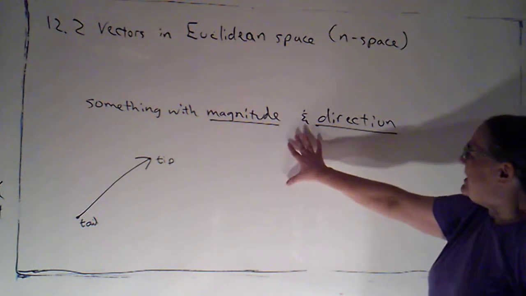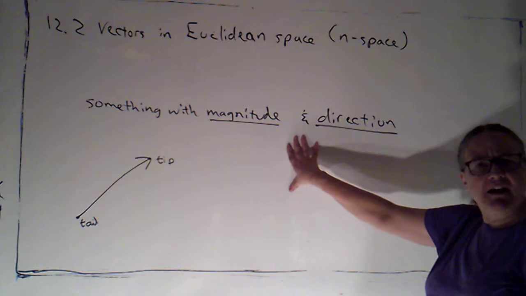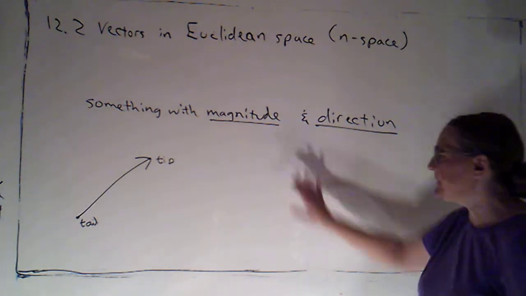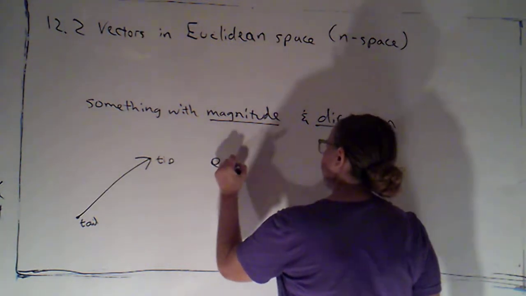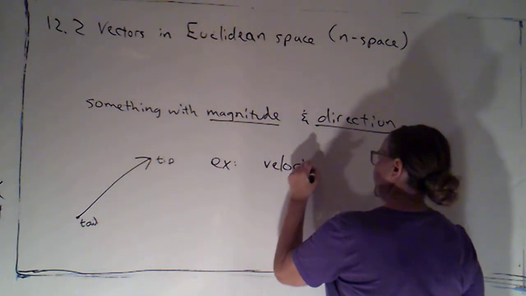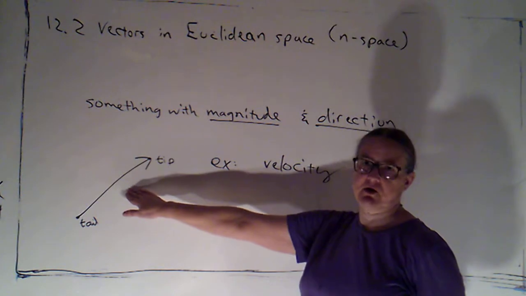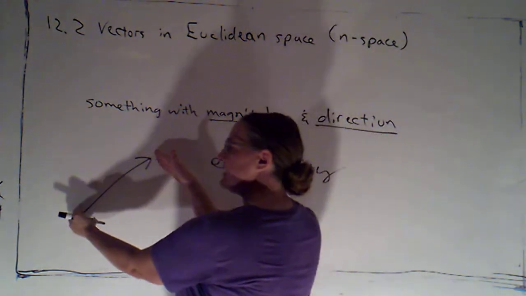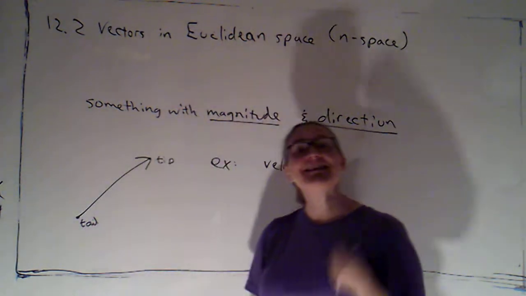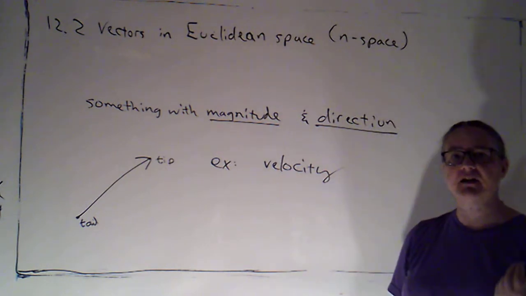Okay, so what sorts of things might we use vectors for? Well, here are a few examples. Velocity. If this were a velocity vector, then the magnitude would be the speed with which an object is moving.